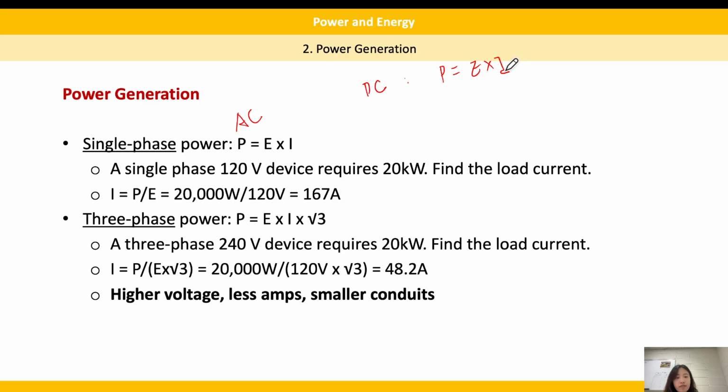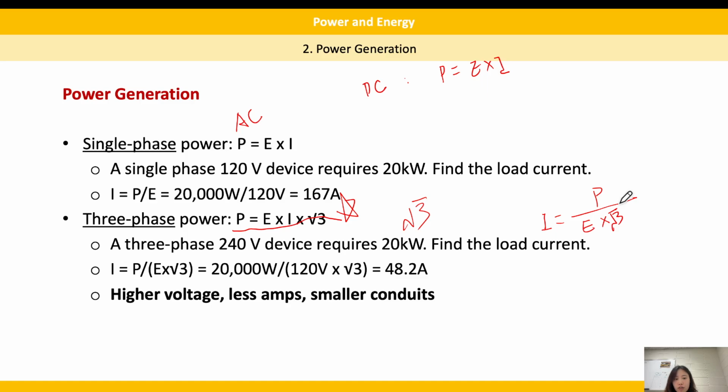But for three-phase power, it's a little bit different. Square root of 3. Okay, so for three-phase, I is P divided by E times square root of 3. This is the method to calculate I for three-phase power.